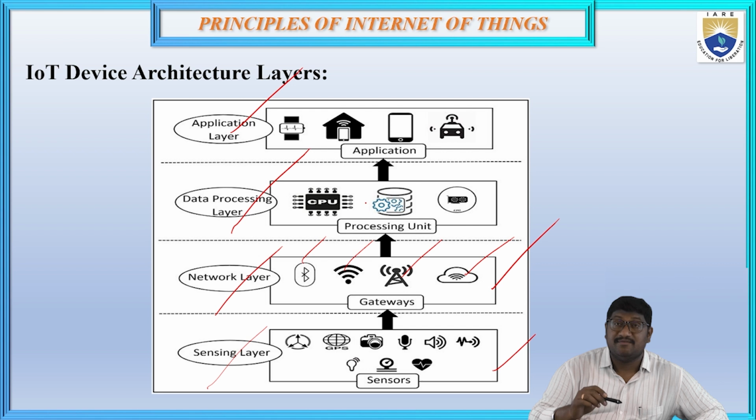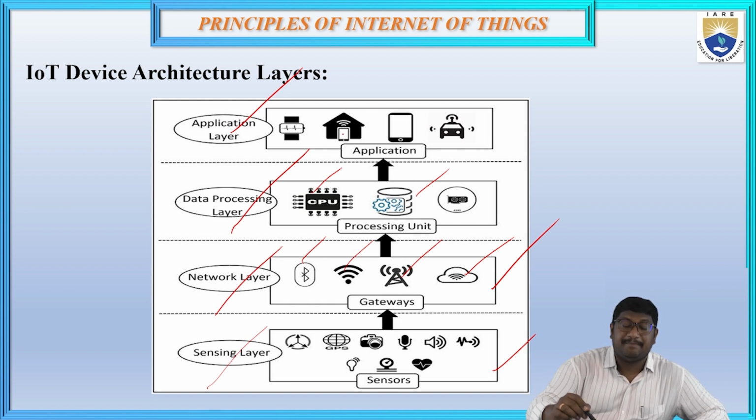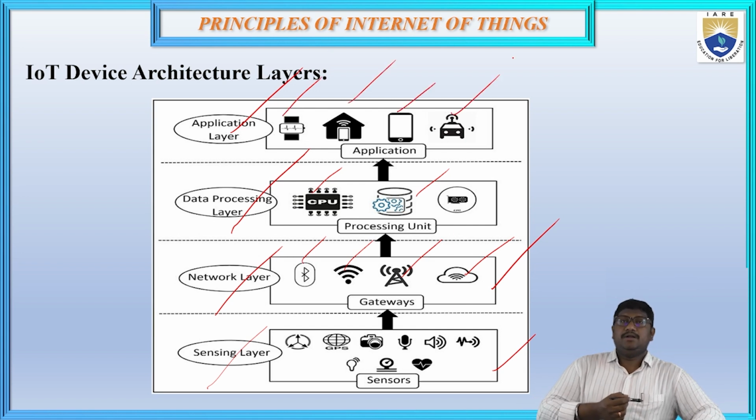The data processing layer is the one which takes the data and processes it with the help of a CPU or places it in a database, and that data will be utilized for applications such as smartwatches, smart homes, smart gadgets or smart vehicles. Now you got it, guys, how the entire information flows.